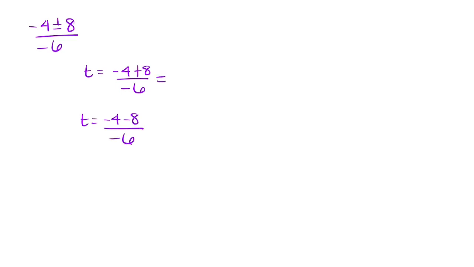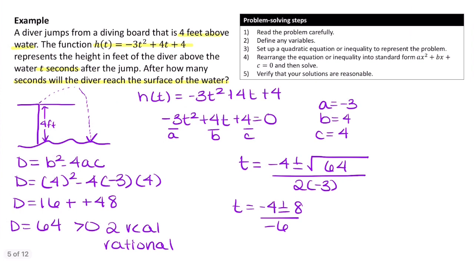So negative 4 plus 8 is going to be 4, so I have 4 over negative 6, and we can reduce this fraction. 2 will evenly divide both, so I have 2 and negative 3, so that's going to equal negative 2 over 3. Now, if we simplify this fraction, negative 4 minus 8 is negative 12. Negative 12 over negative 6 is going to become positive 2. Well, let's think about our solutions in the context of this problem.